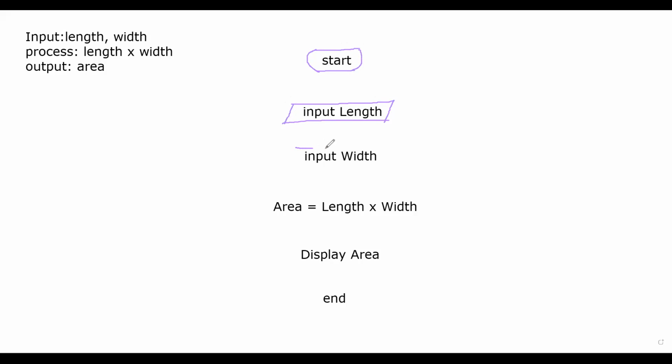And then you have width, again another input. So these are two inputs, isn't it? So I can have flow lines go one after the other like this.